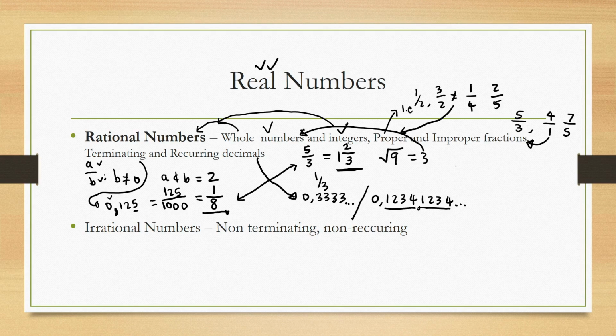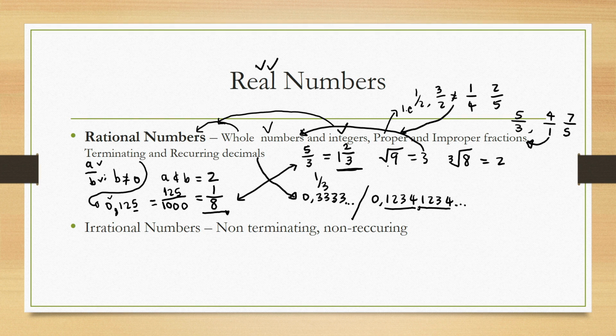Another example will be a cube root of a perfect cube. In other words, the cube root of 8 is equal to 2. And we know that 2 is also an integer or a whole number, and a whole number or integer falls under rational numbers.